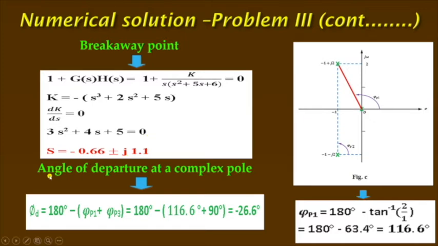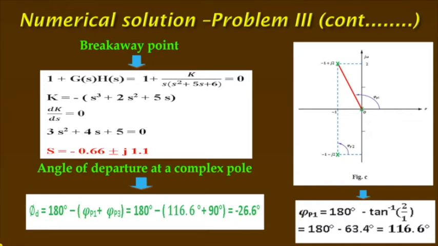Then find the angle of departure for the complex pole. The angle of departure is the angle at which the locus leaves a pole in the s-plane. First, consider this complex pole as the base point. Then the other pole and zero are connected by a straight line to this base point. Then find phi d. Phi d is the angle of departure.